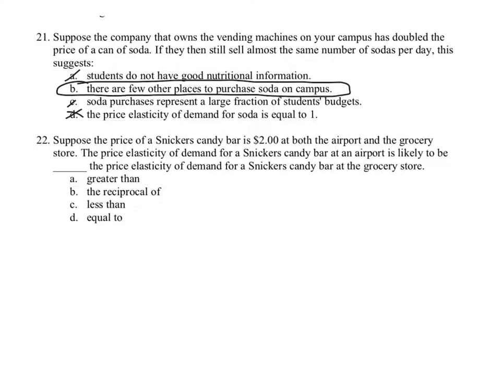People tend to be really price sensitive when the things they're purchasing take up a big budget share. If my rent takes up a third of my income and it doubles, I simply don't have the money to stay in that apartment. So I'm going to get some roommates or move or both, and I tend to be very responsive.